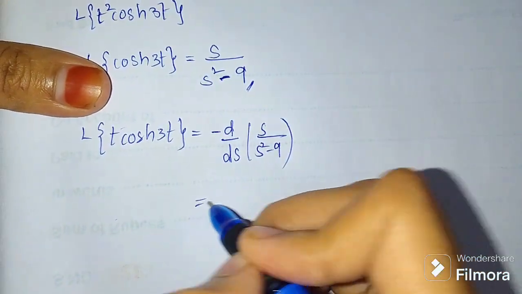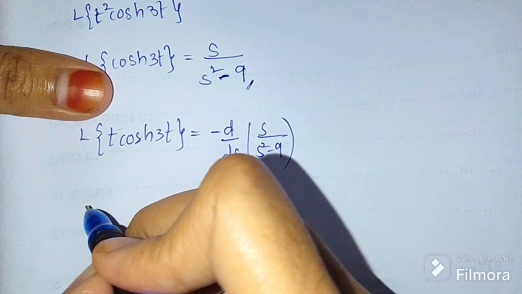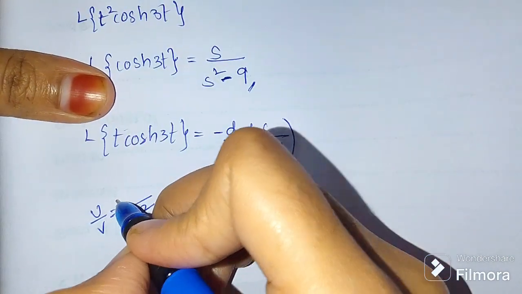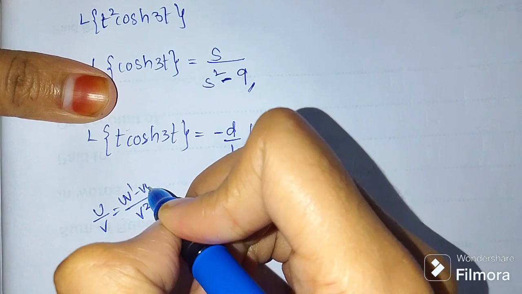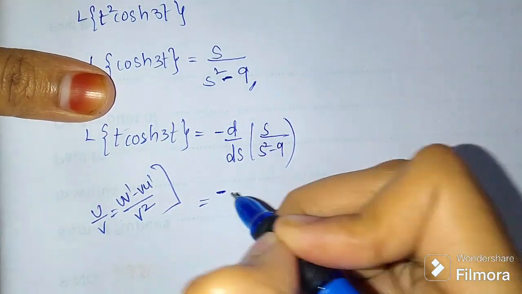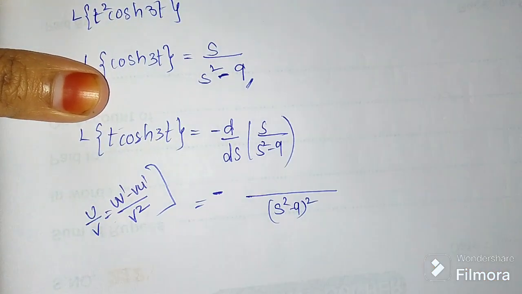So let's continue. Here you should use the u by v rule. What is the u by v derivative? In the denominator v square, and in the numerator v u dash minus u v dash. First you should do the derivative for the numerator. I'm putting minus like that only, s square minus 9 whole square.